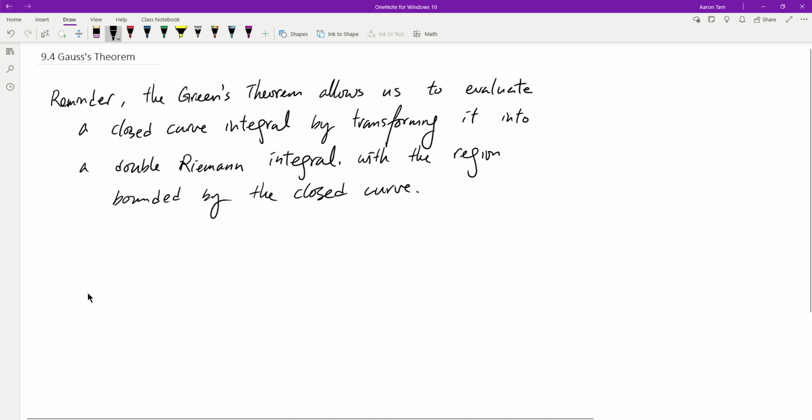So how does Green's theorem work? Imagine the following. Let's say you are on the xy plane. You have some kind of closed loop, which I'm going to orient in a positive orientation.